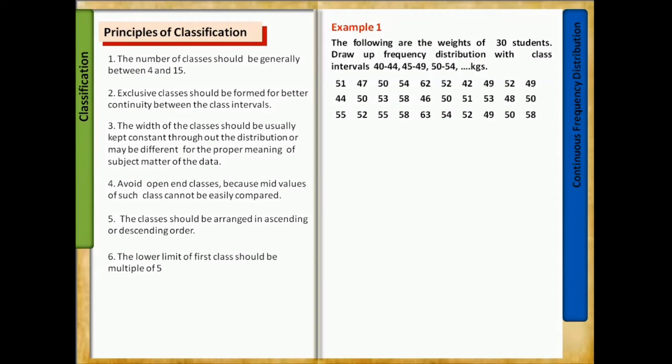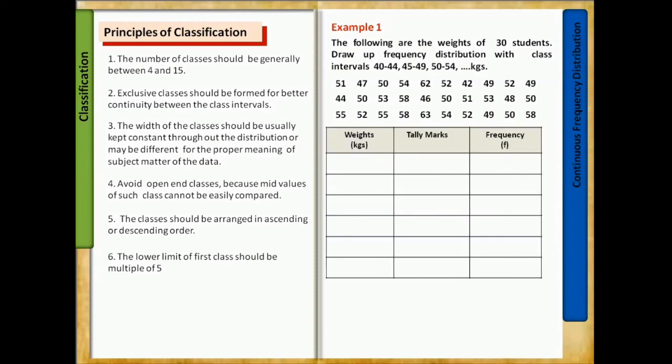Therefore, we need not calculate them again. Write the given set of class intervals in the first column. Check the values once again. The highest value is 63. Therefore, our last class interval should be 60 to 64.